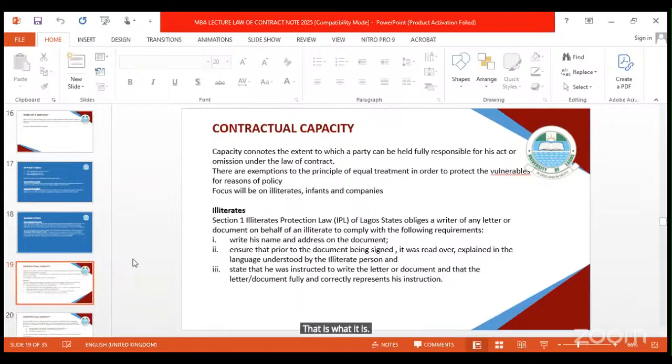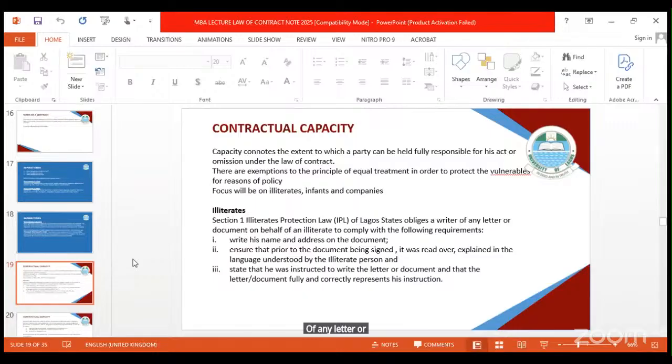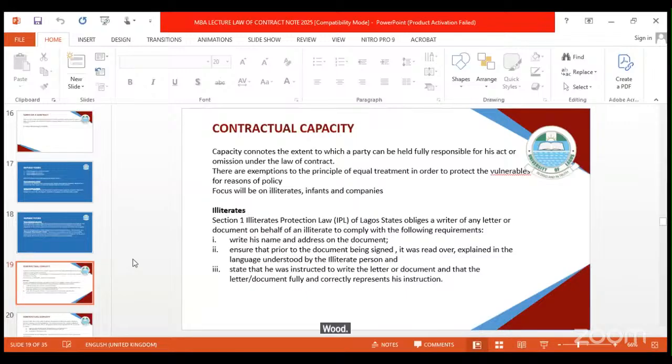So you start from section 1. Section 1, Illiterate Protection Law, IPL of the Lagos State obliges a writer of any letter or document on behalf of an illiterate to comply with the following requirements. 1. Write his name and address on the document. 2.